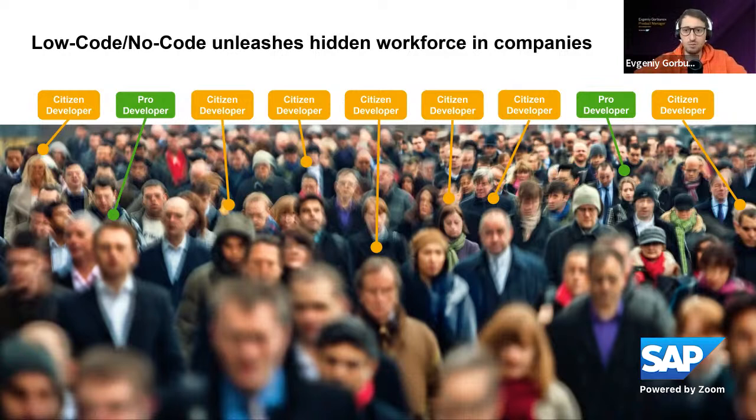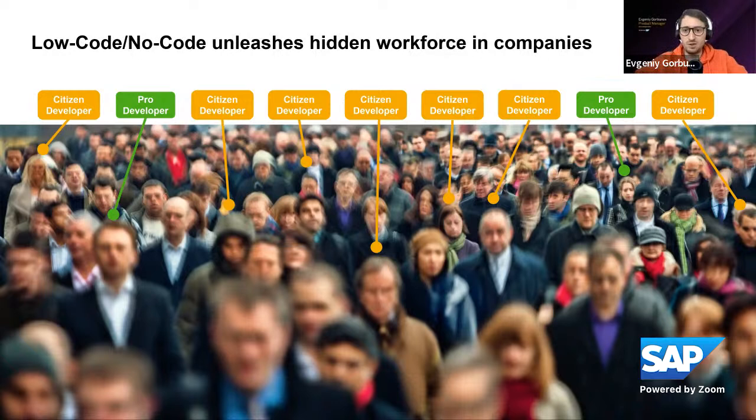Of course, we keep the pro-code capabilities in place whenever that's needed, and we now allow very active and lively interaction between the citizen developers out of the business departments who are not really used and who are not supposed to write any code lines, and pro developers who can still support in some cases, in some scenarios.